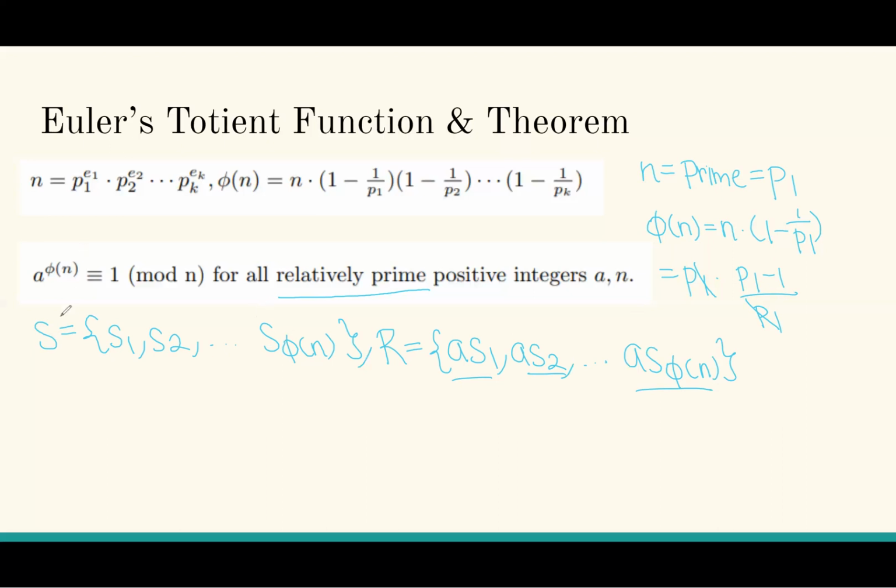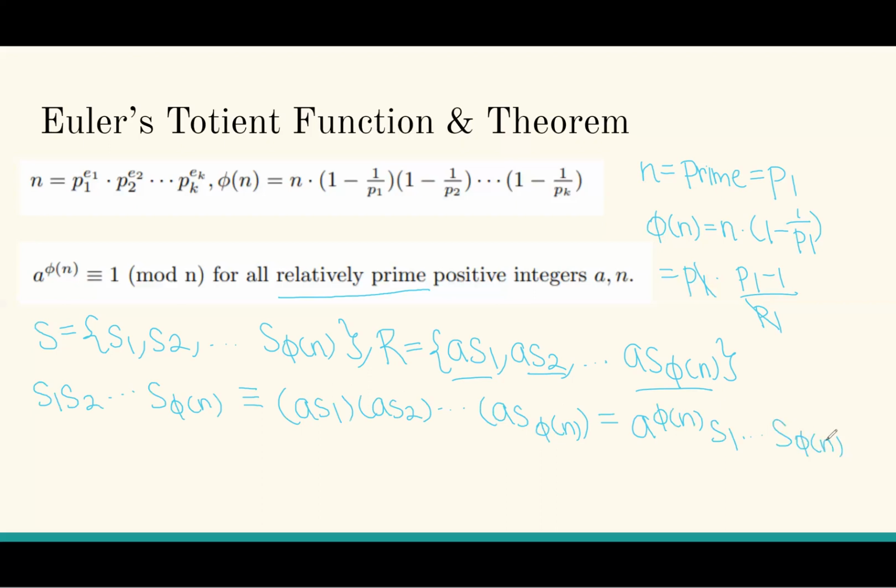Now, since these are the same, we can say that S1 times S2 times S phi of n is equivalent to, note that this is not necessarily equal to, equivalent to this. And then this, we can factor out the A, which is equal to A to the phi of n times S1 all the way to S phi of n.